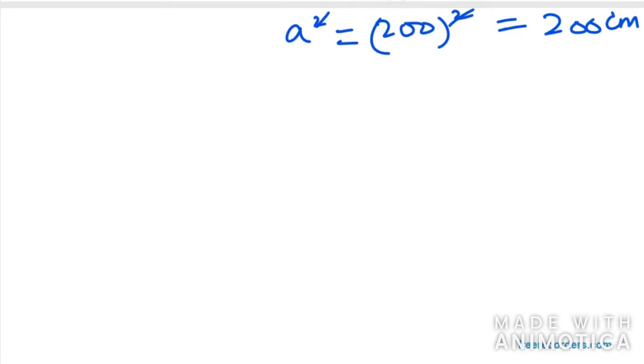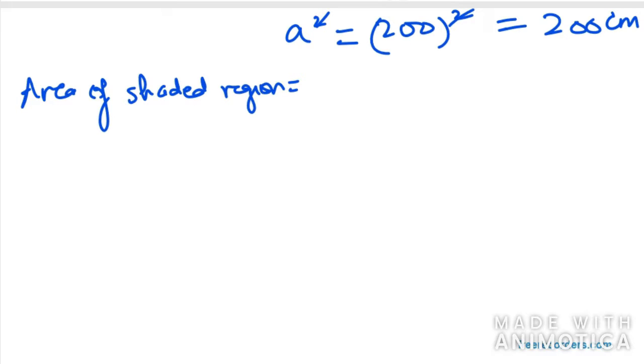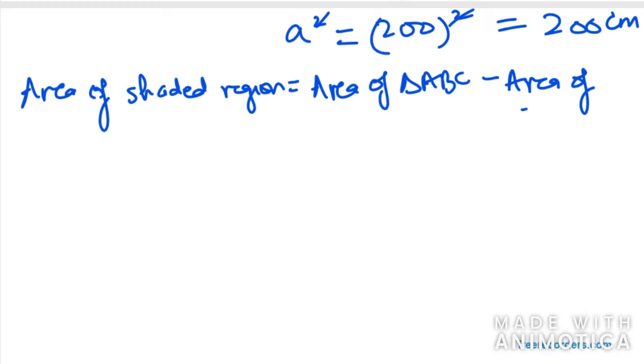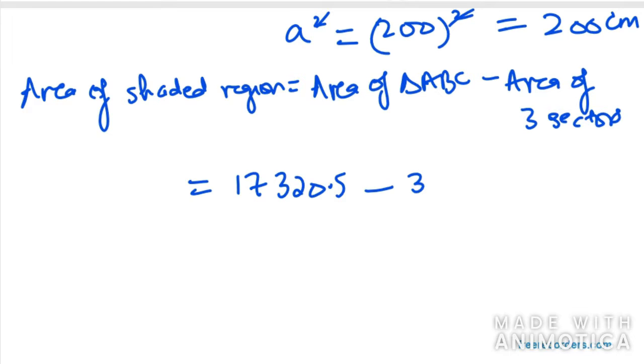Area of shaded region is equal to area of triangle ABC. Then remove area of three sectors. So area of triangle ABC will be 17,320.5. Take away area of three sectors.